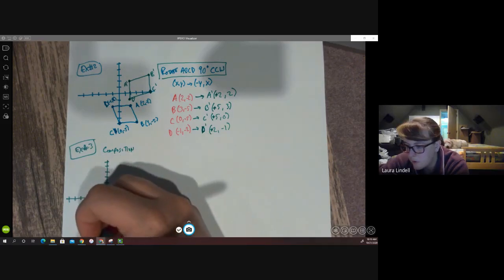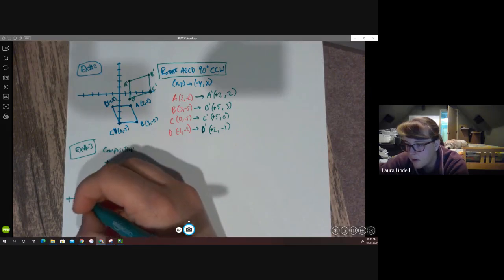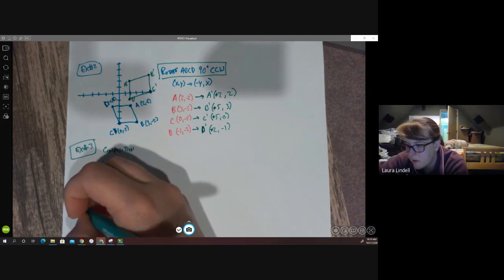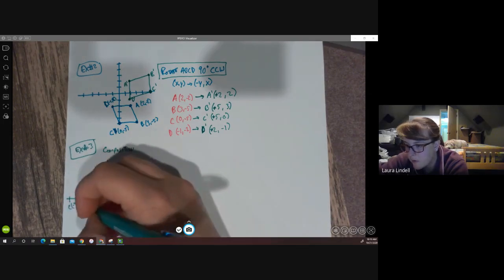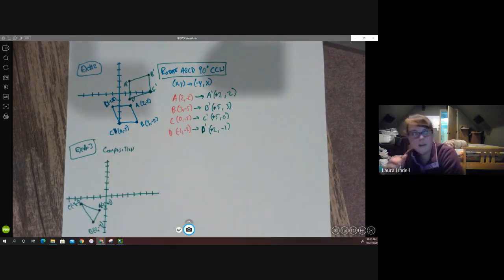And then we'll do -2, -4. And -4, -1. So that's going to be our original shape.